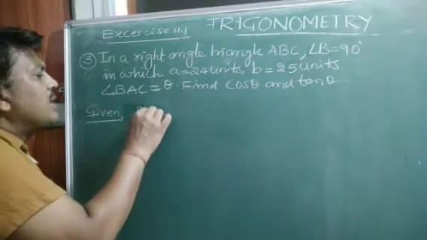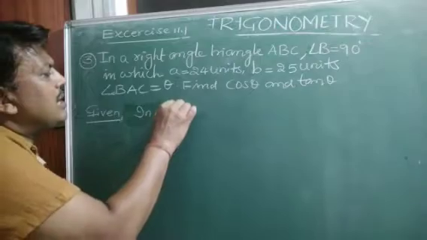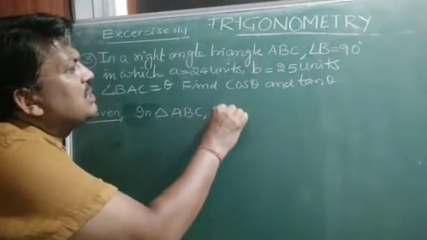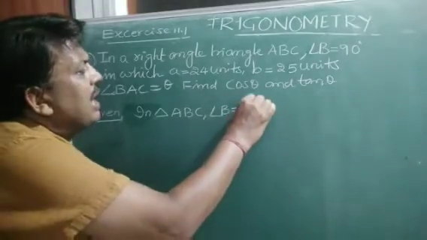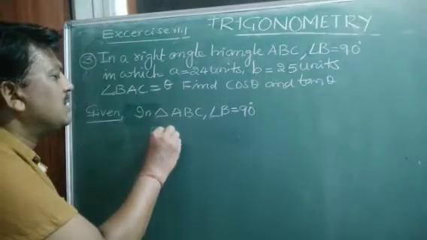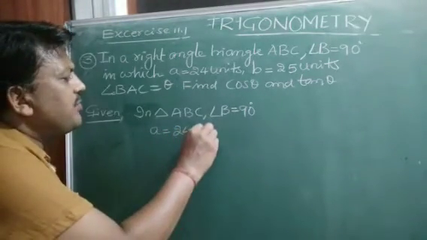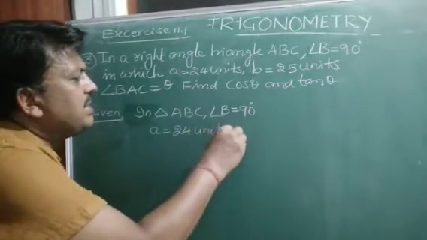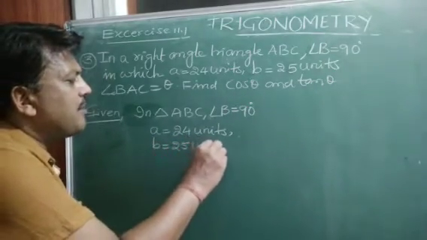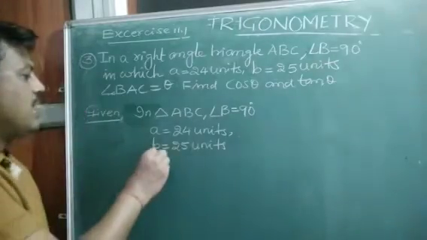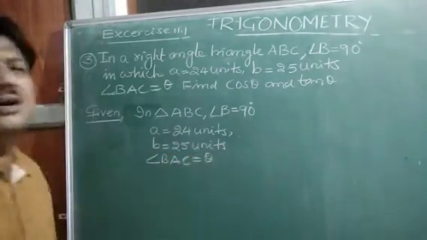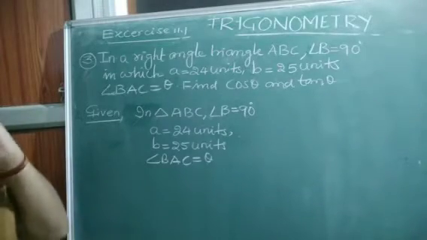In right angle triangle, that is in triangle ABC, angle B is equal to 90 degrees, a is equal to 24 units, b is equal to 25 units, and angle BAC is equal to theta. This is the given data, children.